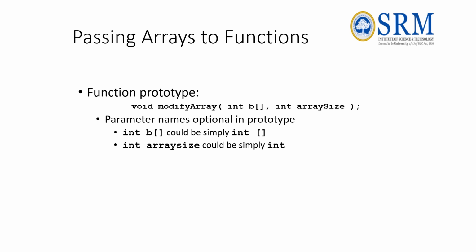That could be more simple. Here I am using void modify array, that means it returns nothing. So int b of this gives the size of the b. This can be simply int. When I say array size, it could be simply int if it matches with the data type.